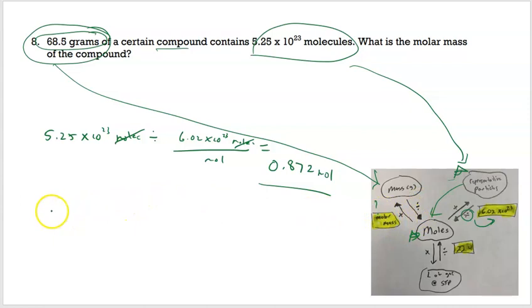So I'm going to go 0.872 moles times x equals 68.5 grams. Sorry about that. My sloppy writing is getting in the way. Now, to solve this one, just divide both sides by 0.872 moles.